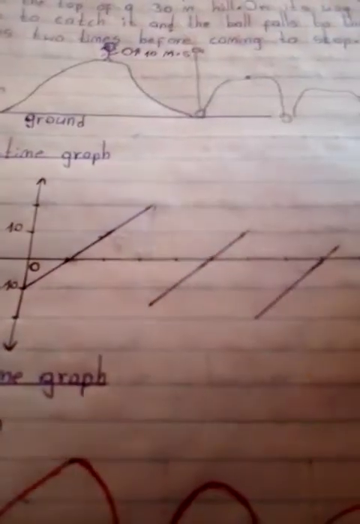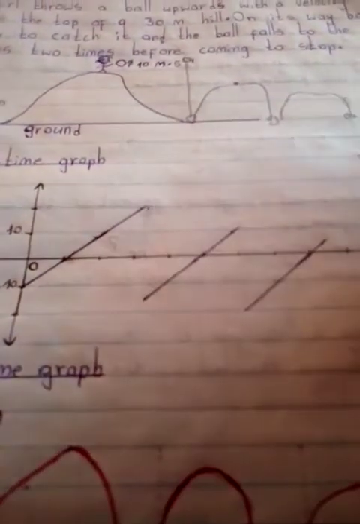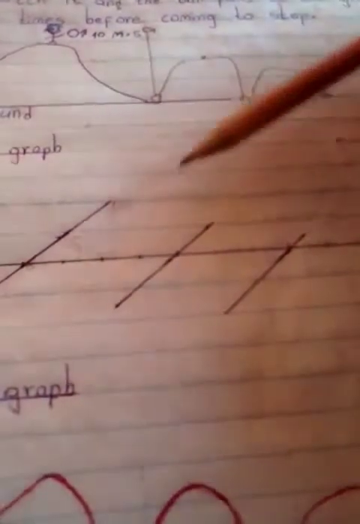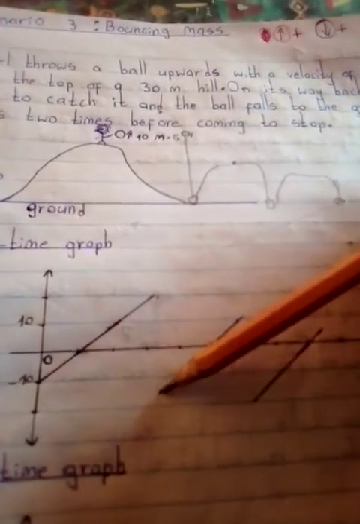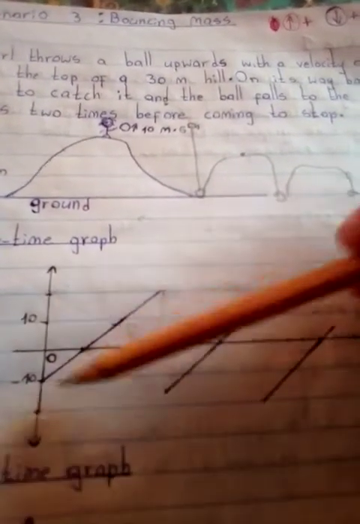Remember that a negative velocity does not mean that the velocity of the ball is small or something like that. What it means is that the velocity of the ball is in another direction, you see. You choose downwards as positive, but the velocity here is going upwards. That's why it is in the negative interval here.